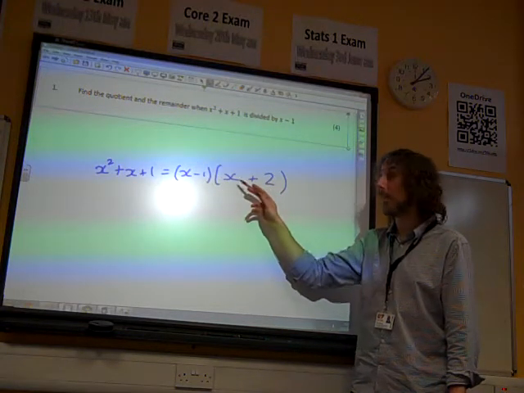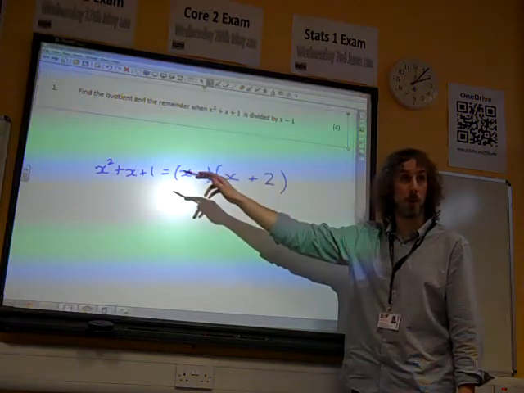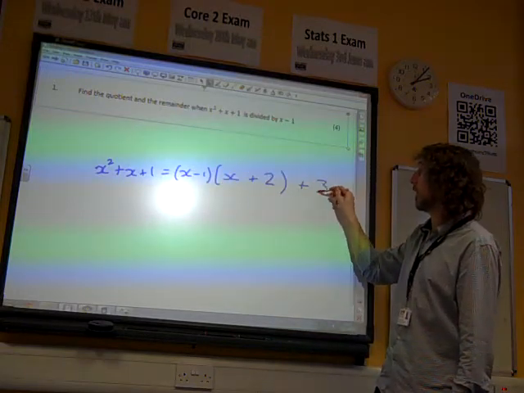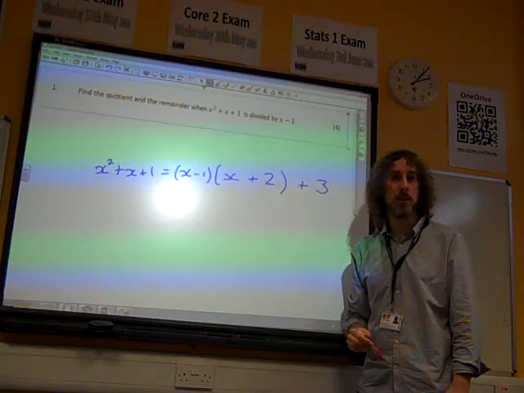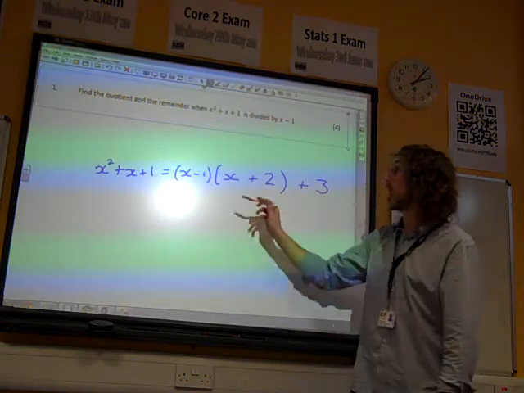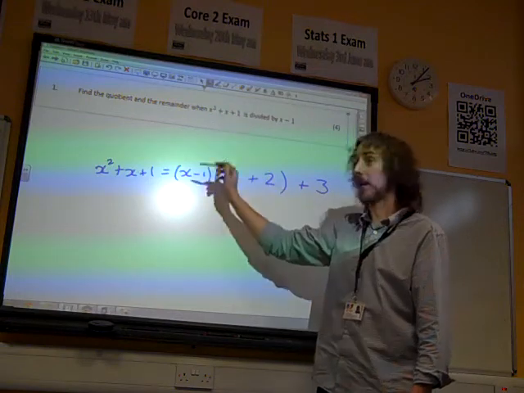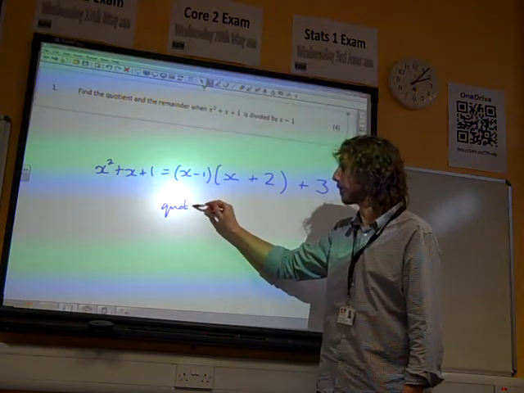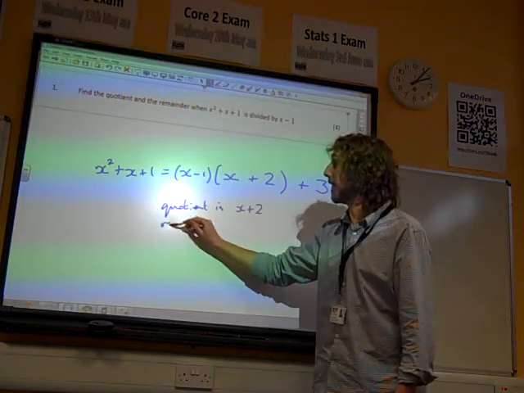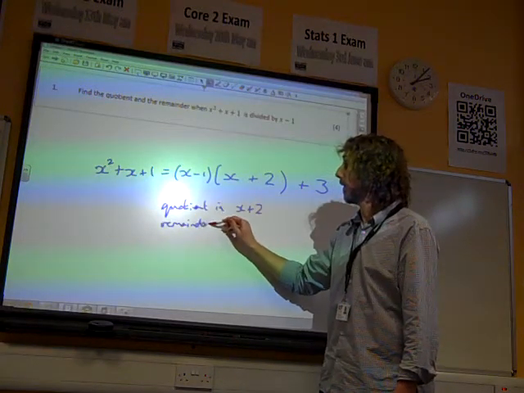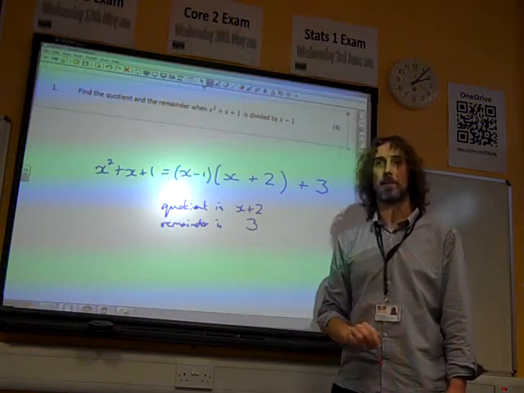So to get from minus 2 to the plus 1, we need to add 3. And if you did the long division, you would have got the same answer. Because it did say find the quotient and remainder, our quotient is x plus 2, and our remainder is 3.